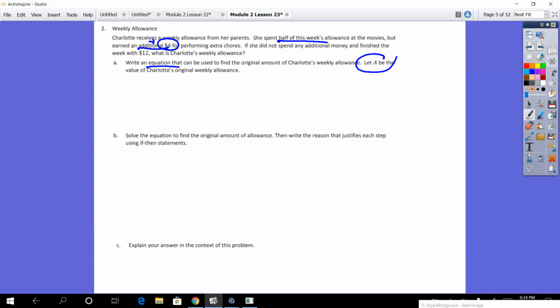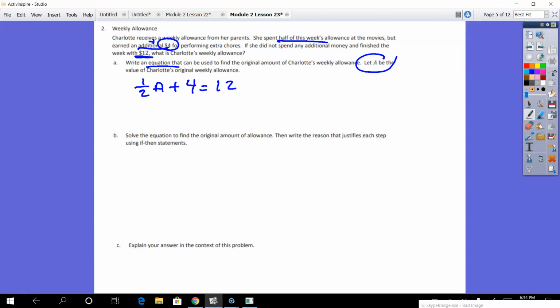She did not spend any money and finished the week with $12. What is Charlotte's weekly allowance? Okay, so she spent half of her allowance, but she got $4, and she had a total of $12 left.